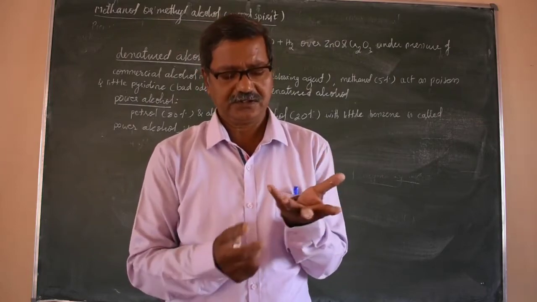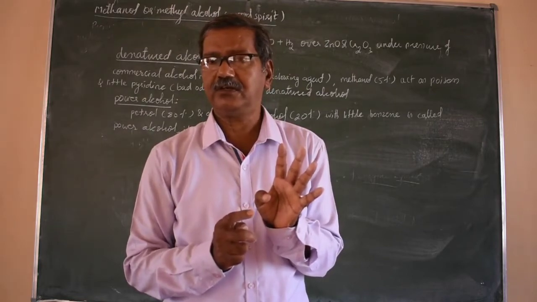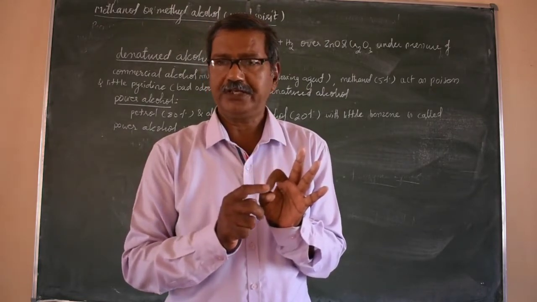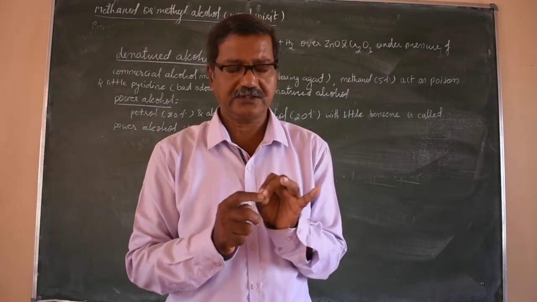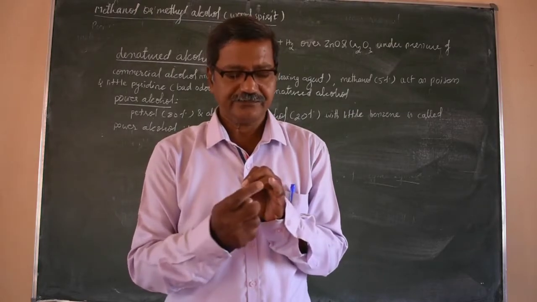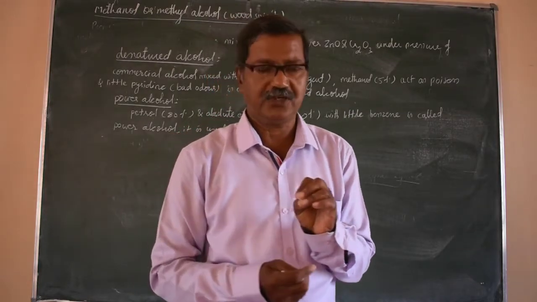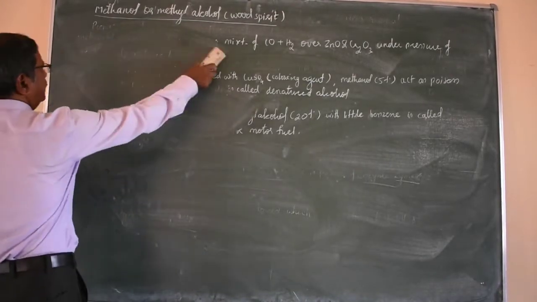In alcohols, what you have to remember is the classification of alcohols, nomenclature of alcohols, then preparation of alcohols, then physical properties of alcohols, then chemical properties of alcohols. You have to write a note on all these.